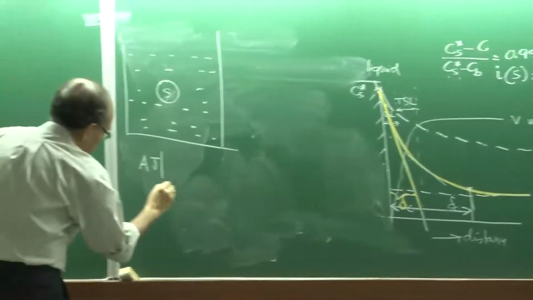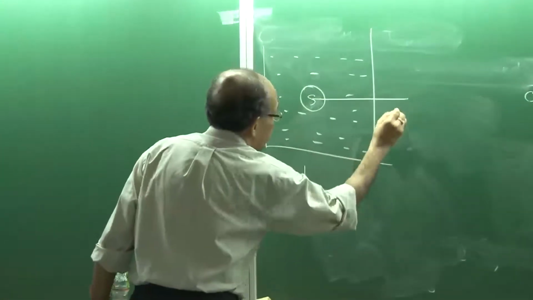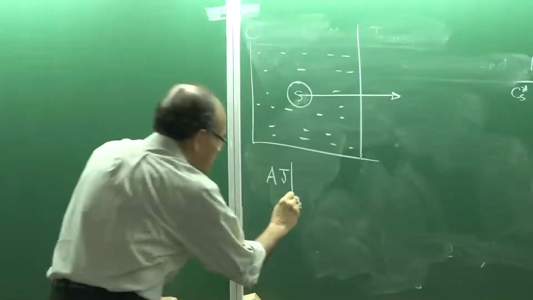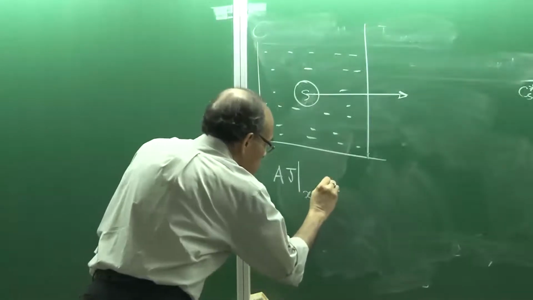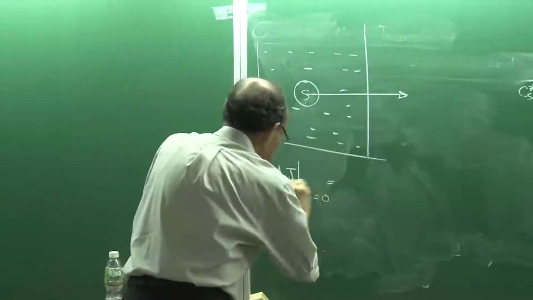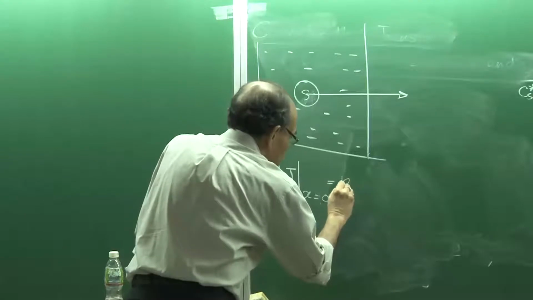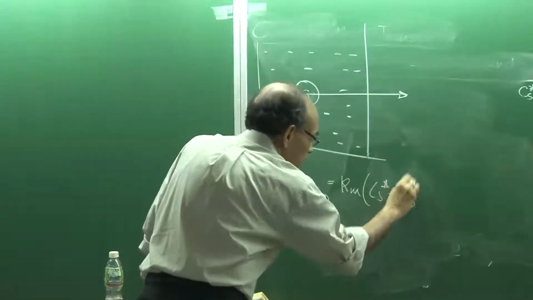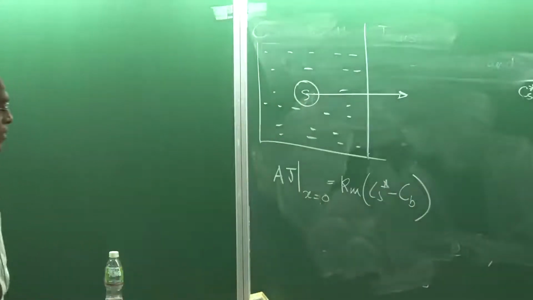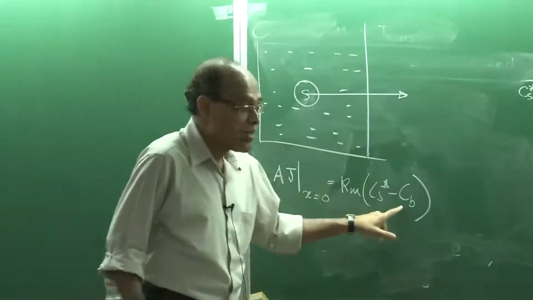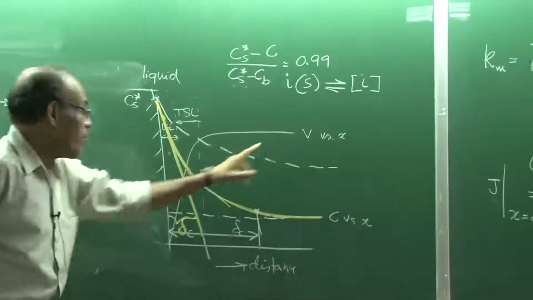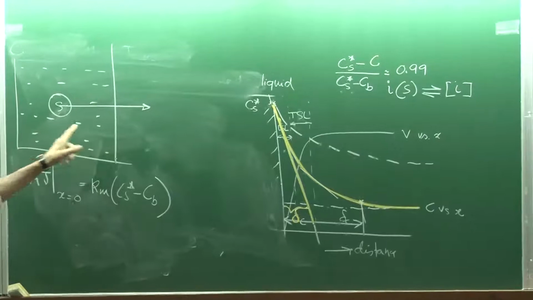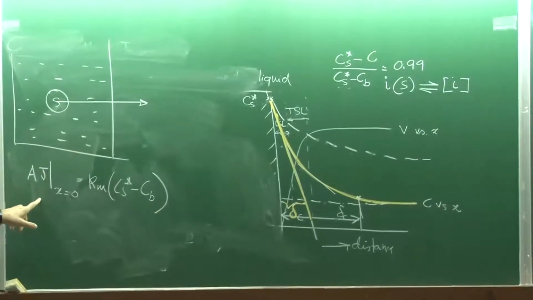Let us not bother about the coordinate system here. So this is a solid, and I would say area into the flux at x equal to 0 is equal to the mass transfer coefficient times Ca star minus Cb. Now, what is Cb? This Cb is the bulk concentration, but this bulk concentration here is going to change as a function of time. So that will make the process an unsteady state process.